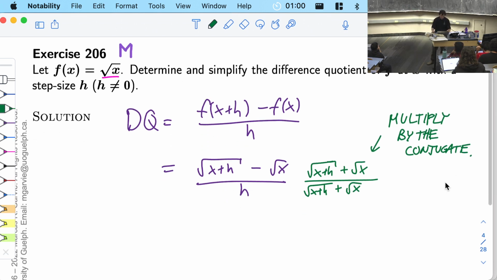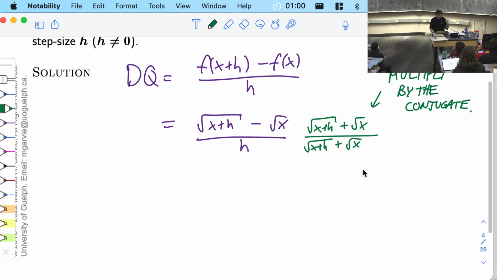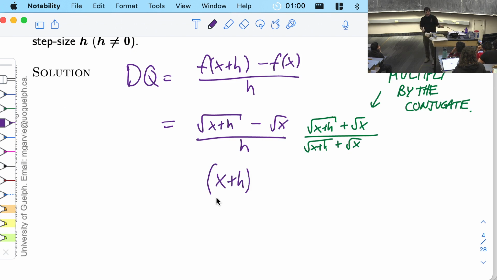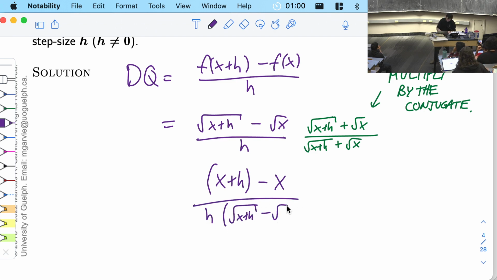Because now we have the square root of something minus something times the square root of the first something plus the second something. So this is now a difference of squares in reverse. And so you get the square root of x plus h all squared. That's just x plus h. You get the square root of x all squared. That's just x. And it's a difference of squares. So we get this divided by h. The other side is square root of x plus h plus square root of x.